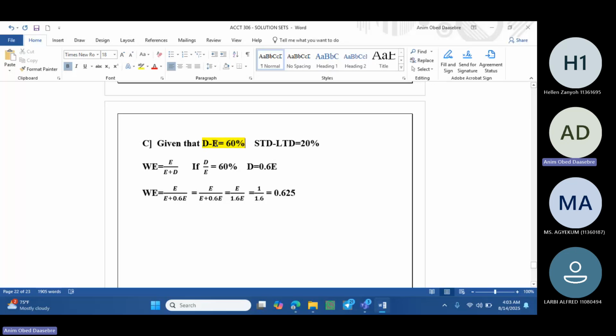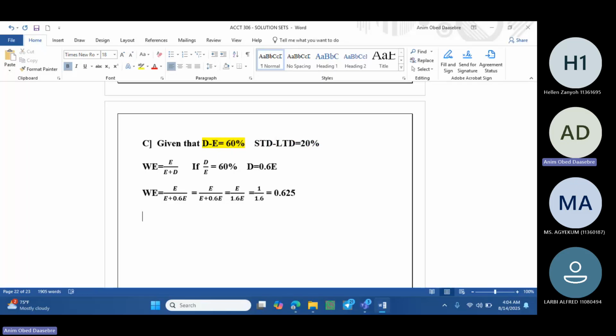So we need to find the weight of equity and that of debt. When you compute the debt weight out of this 60%, we know that we have two types of debt: short-term debt and long-term debt. So the debt that we are going to find, we are also going to share by the 20%. So that will be another working that we are also going to do.